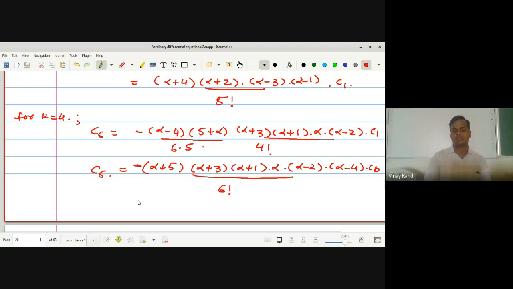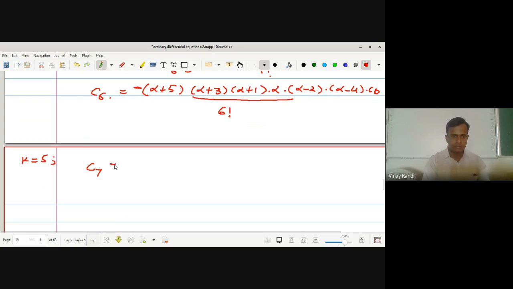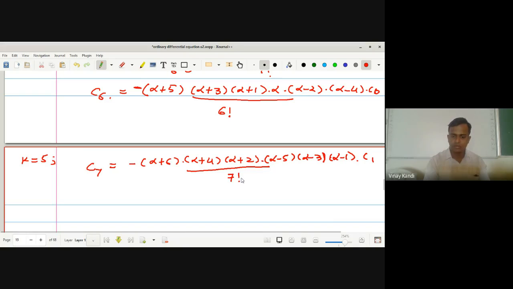दिस इज C6. Now put k is equal to 5 now. What we get? Minus, directly लिहू, alpha plus 6 into alpha plus 4 into alpha plus 2 into alpha minus 5, alpha minus 3, which is into alpha minus 1 into C1 divided by 7 factorial.